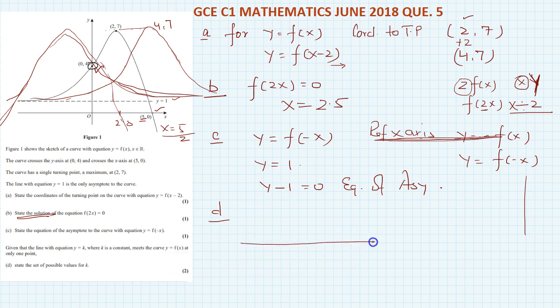So this is our graph, something like this. This is y is equal to 1, this is f(x), this is (2, 7), this is (5, 0), and this one is (0, 4).